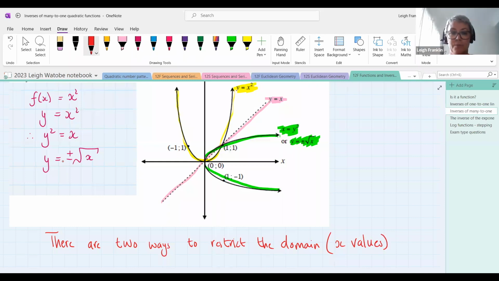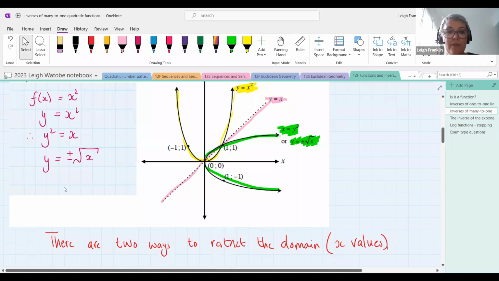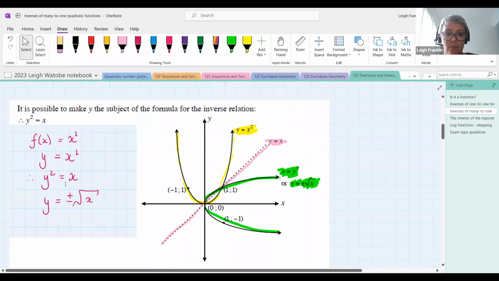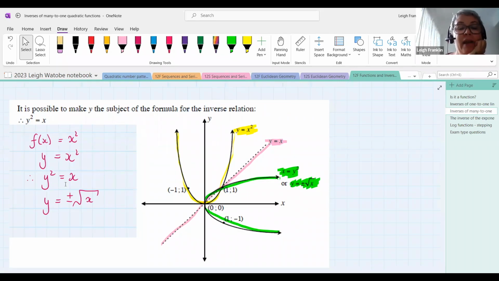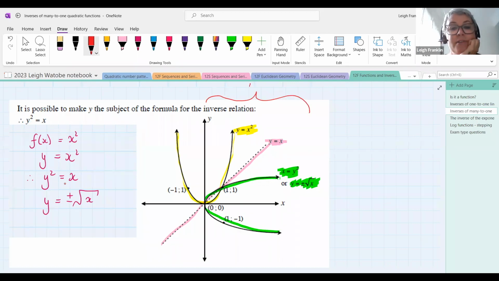x values. So if we have a look at our Cartesian plane, to the right of the y-axis, this region of the Cartesian plane over here, is where x is positive, where x is greater than 0.